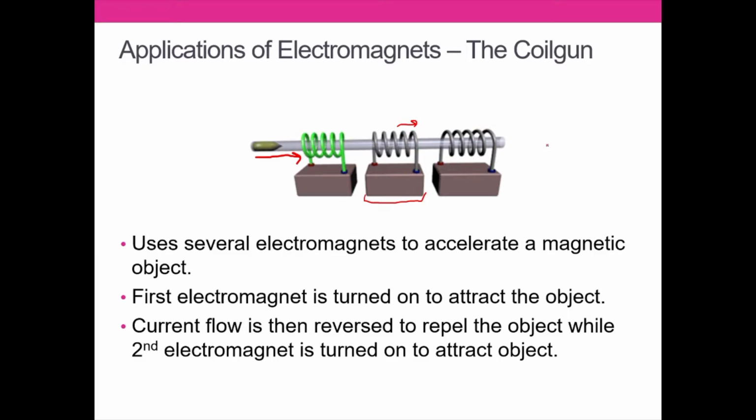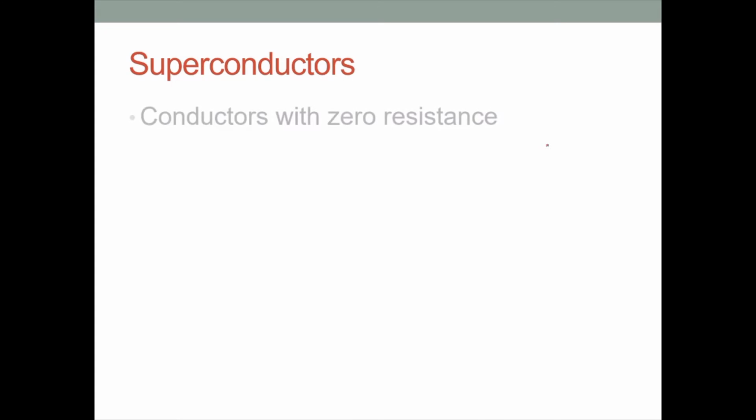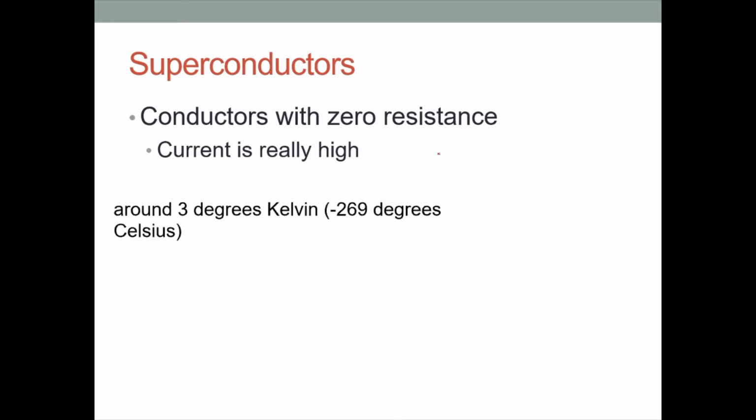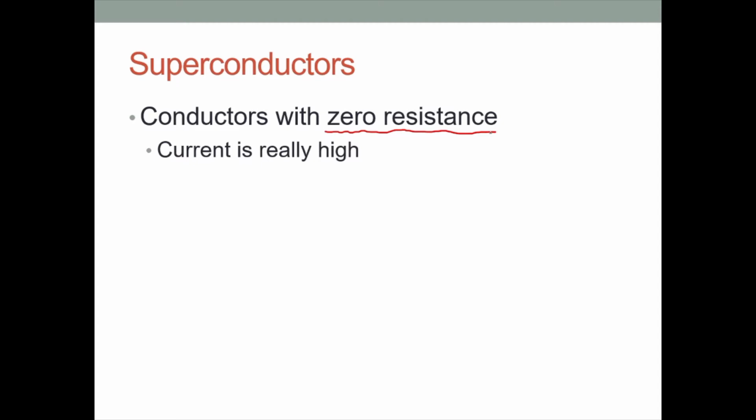All right. Now, to get the best coil guns or the best particle accelerators, we often take advantage of superconductors. Superconductors are just conductors with zero resistance, not near zero, actually zero resistance. So when metals get to near absolute zero, a lot of metals will exhibit superconducting behavior, where you have zero resistance and you can pass near infinite current through the superconductor.